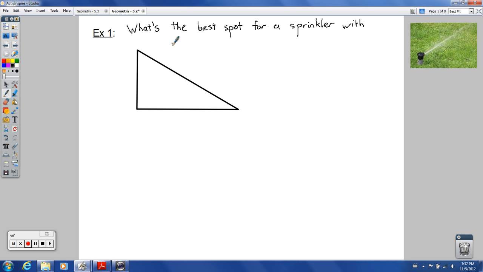So there are plants at X, Y, and Z. So what's the best spot for that? This is going to be point Z over here. Put a little slash or dash through that so it doesn't look like a 2 to me. Let's put an X down here. This is going to be plant Y over here.